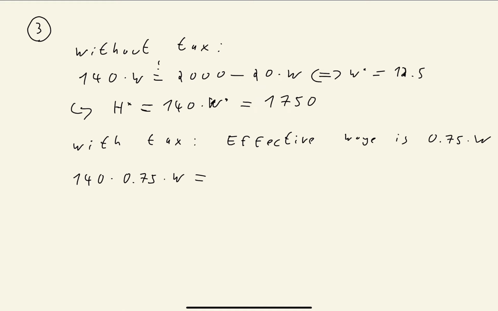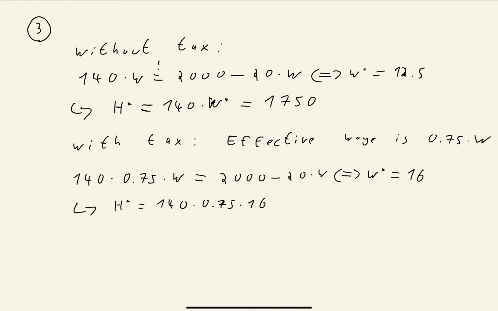The demand side here is our firms, so it's 2000 minus 20 times W. And if you calculate this, you get W star equal to 16. And if you plug this into, for instance, the supply side, you get H star equal to 140 times 0.75 times 16. And this gives you 1,680.